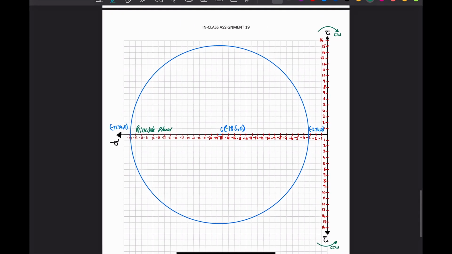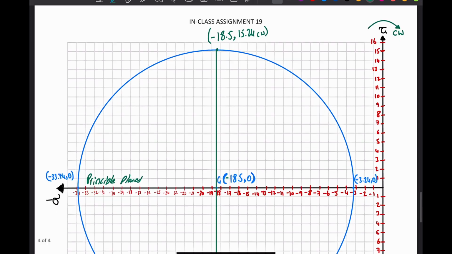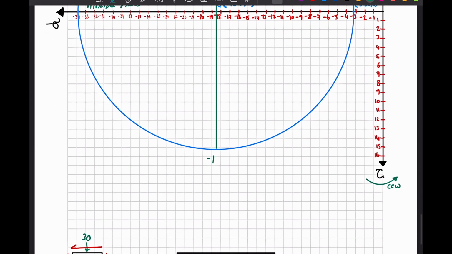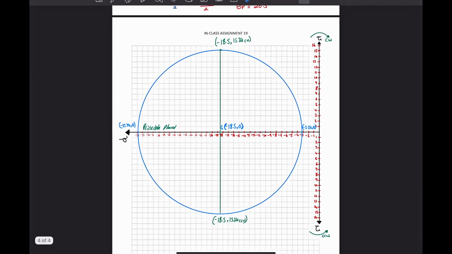The vertical line here gonna be the in-plane shear stress plane. Okay, and the points here are negative 18.5 and 15.24 clockwise, and here negative 18.5 and 15.24 counterclockwise.